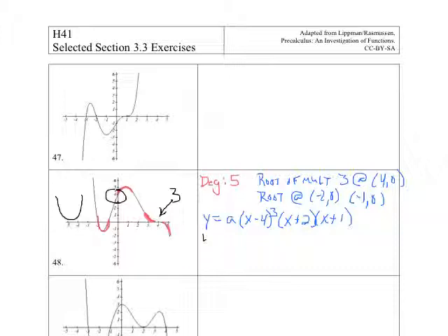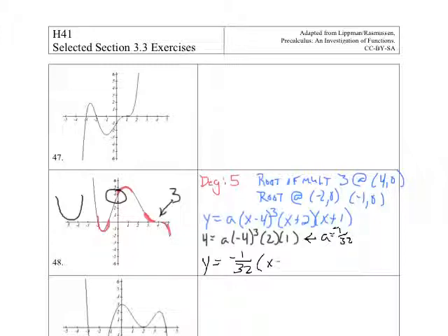So 4 is equal to a times -4 to the third times 2 times 1. And we'd solve for a. This gave me an a of 1/32. Sorry, -1/32. So our final equation is -1/32 times x minus 4 to the third times x plus 2 times x plus 1.